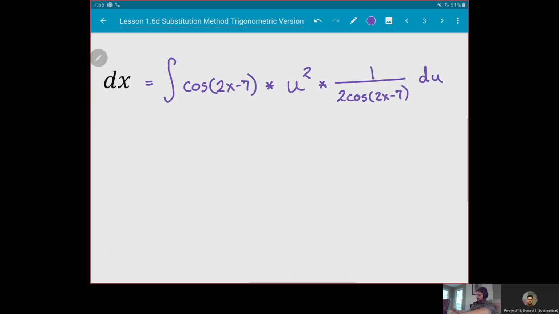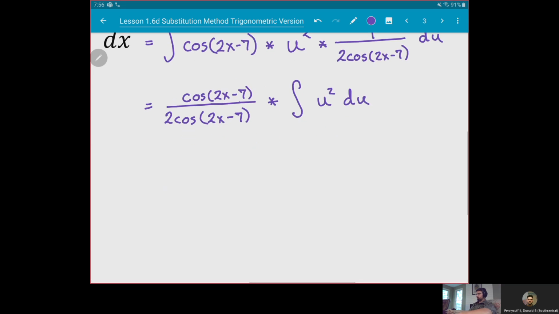Anything that does not contain a u can come out front. And because the insides match, those cosines will go away. If the insides do not match, then substitution method will fail because those x's will not go away, and I will have to do integration by parts, or trig integrals, or trig substitution. I'll have to try something else.